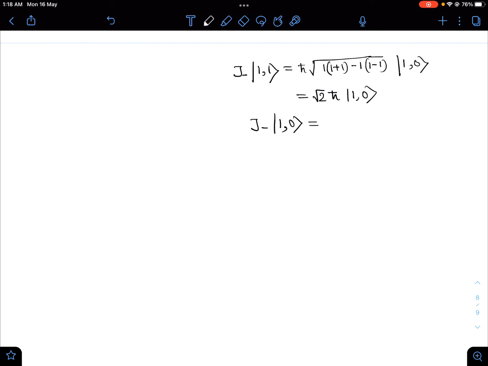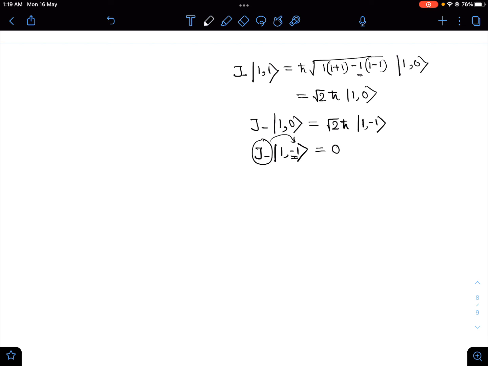If we put m value to be 0, it will be root 2 ħ |1 -1>. And if we apply J minus on |1 -1>, this is the lowest value of m, so if we apply the operator, there are no states below this, which is why this will give us 0.